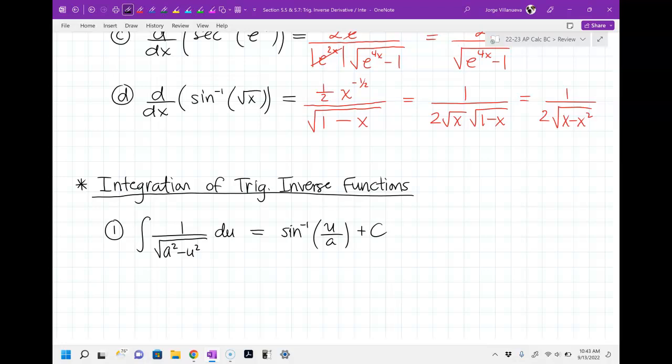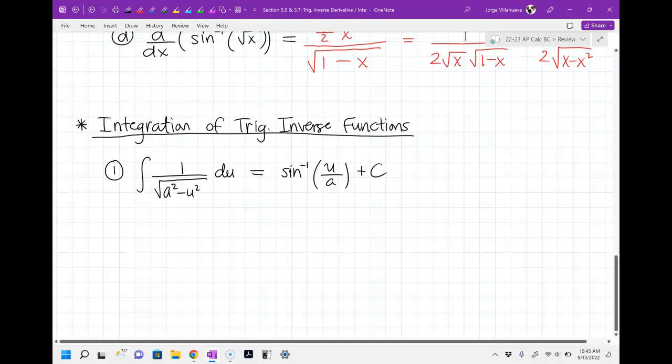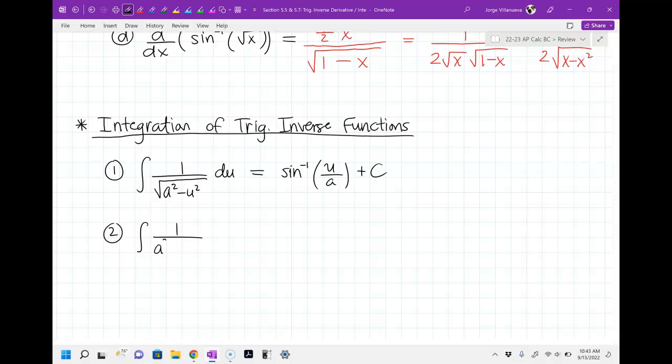Make it look like the integral of 1 over a squared minus u squared du. Maybe it's not a 1. If it's a 2, you just put the 2 in the front. Second one, the integral of 1 over a squared plus u squared du. And this is probably the most common one. This will be 1 over a tangent inverse of u over a plus c.